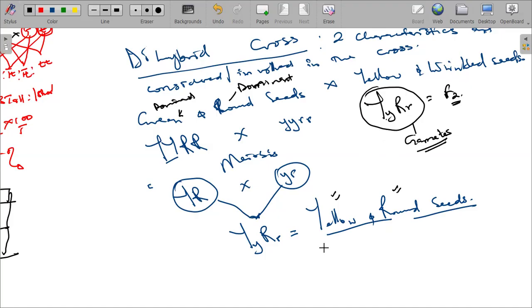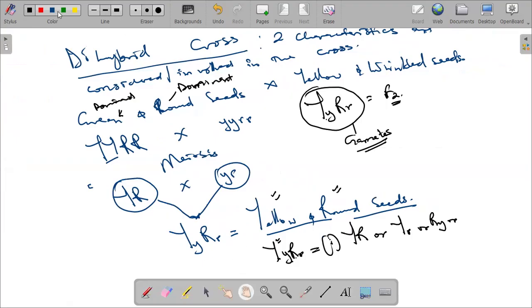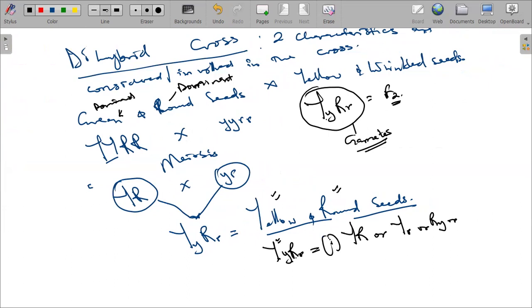So in regard to that, our first gamete can have dominant Y and dominant R, or we can have dominant Y and small r, that is the second one, or we can have small y and R, or we can have the recessive alleles on their own again, small y and small r.